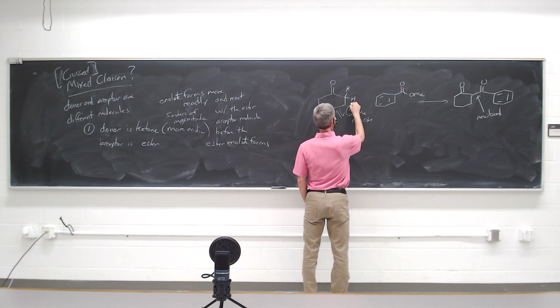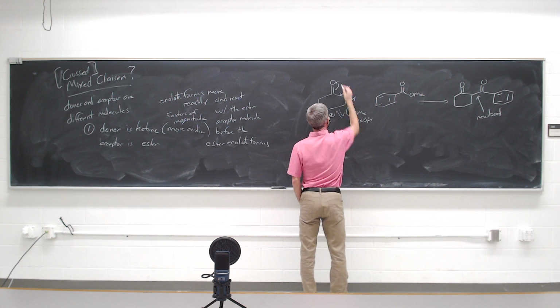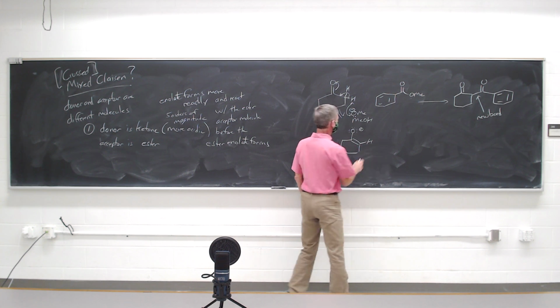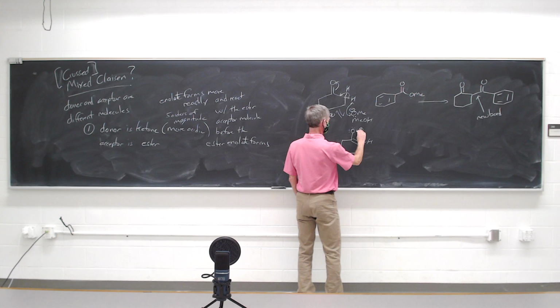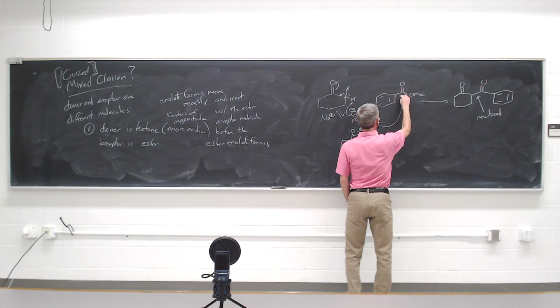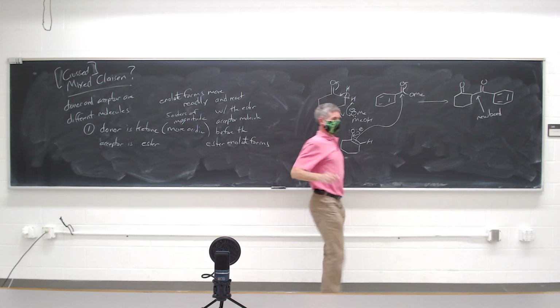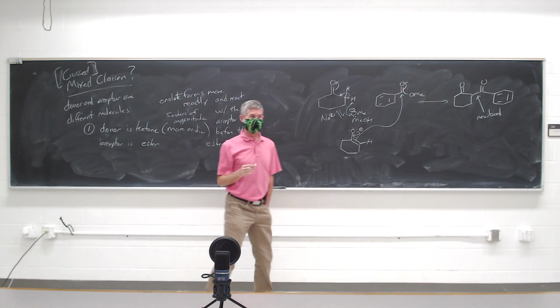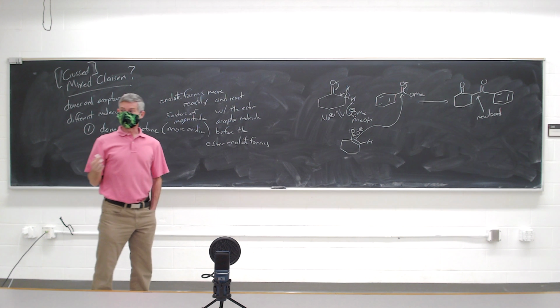So we're going to form the ketone enolate. That's then going to attack itself too, right? It's also going to attack itself because it can, but that product isn't going to be particularly stable.